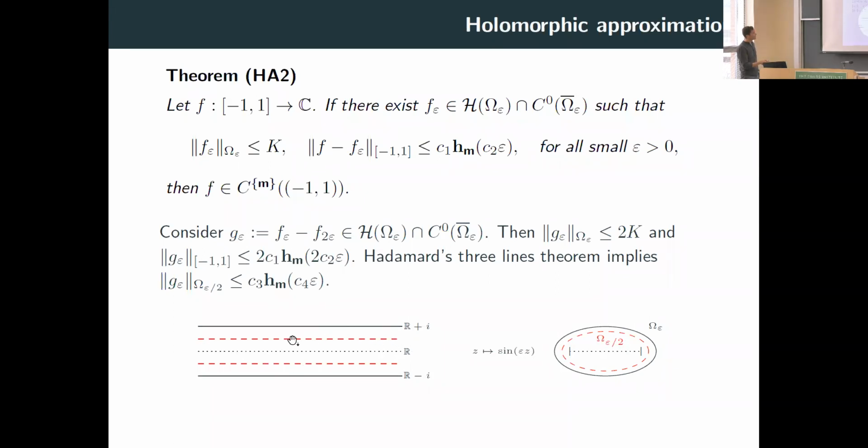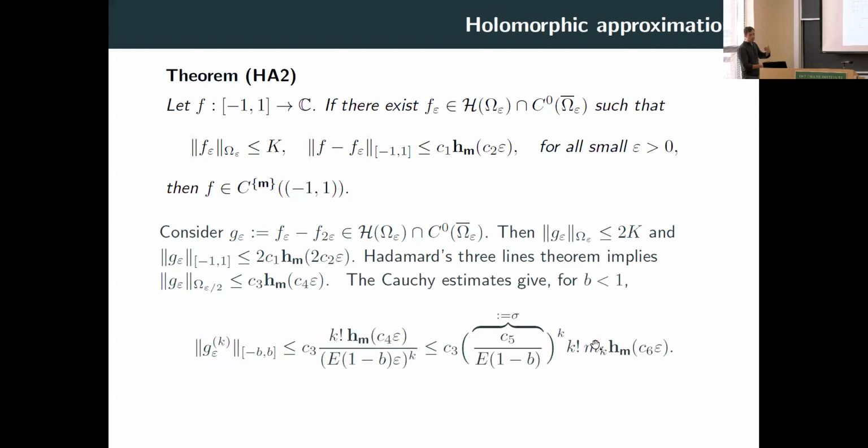I will not go into details, but if I go to the strip of all complex numbers whose imaginary part has absolute value less than 1/2, then I get this better bound. And if I go back to the ellipse, the image under this map is precisely the ellipse omega epsilon 1/2.